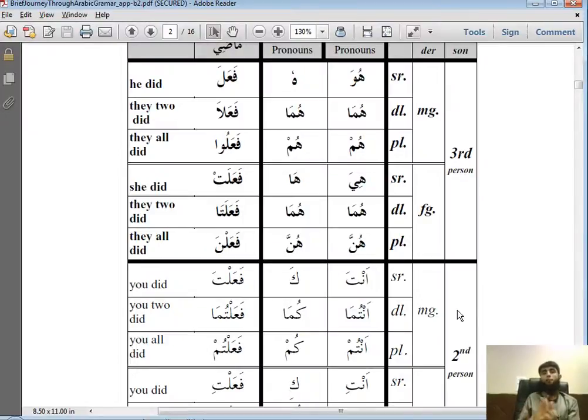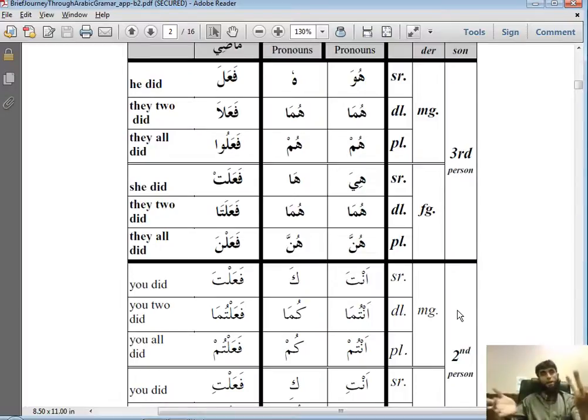So if I say we studied, then the doer is, right. Okay. So I'm just saying that let's identify the doer as a third person, second person, or a first person, singular or plural, and male or female. So if I say we studied, then the doer is male or female?